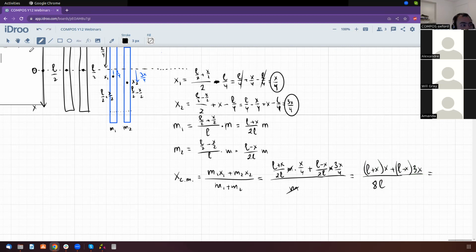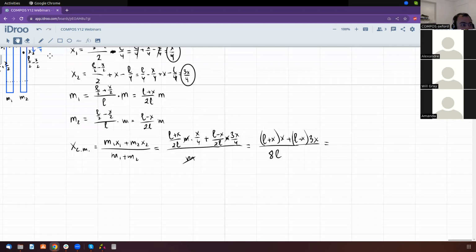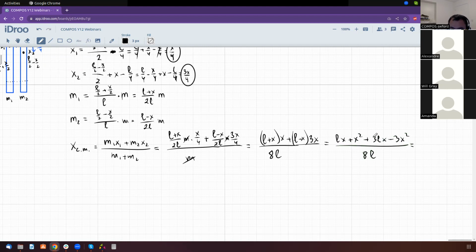Can we simplify that? It's going to be Lx plus x squared plus 3Lx minus 3x squared over 8L, which is going to be 4Lx.